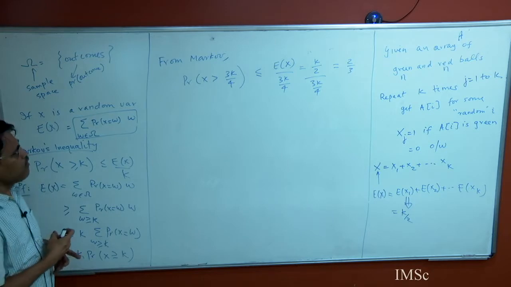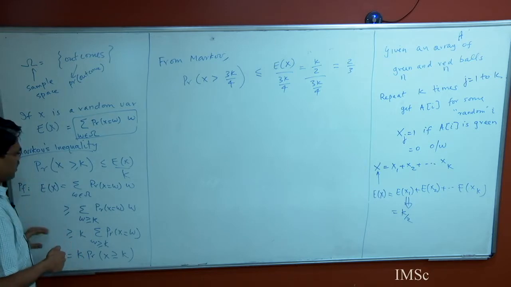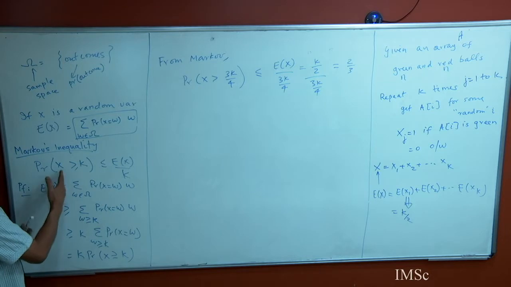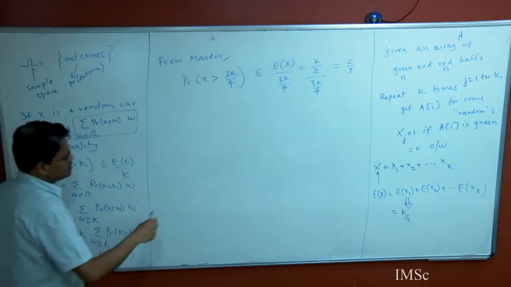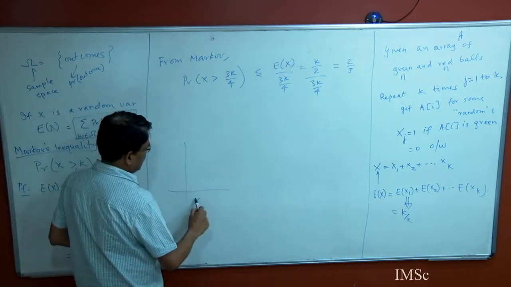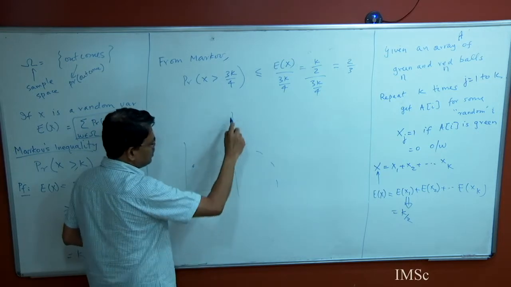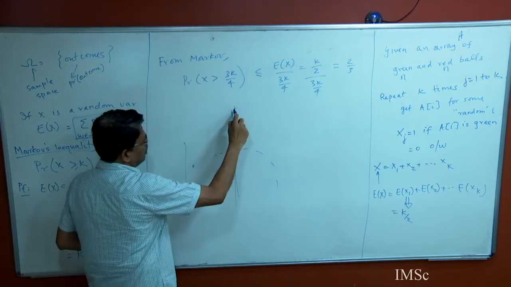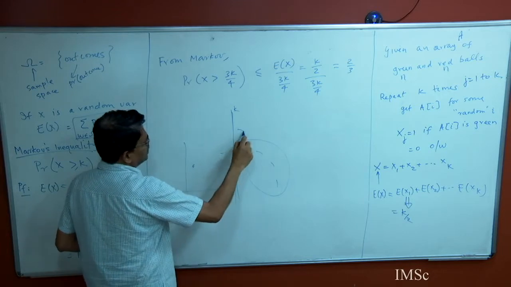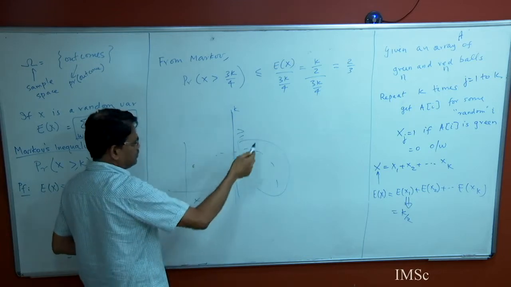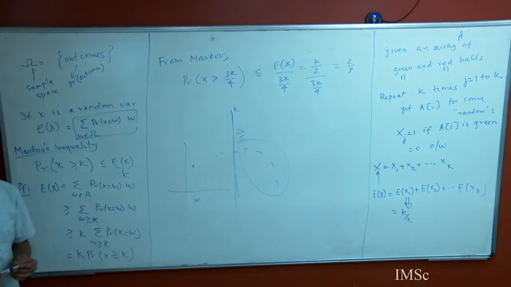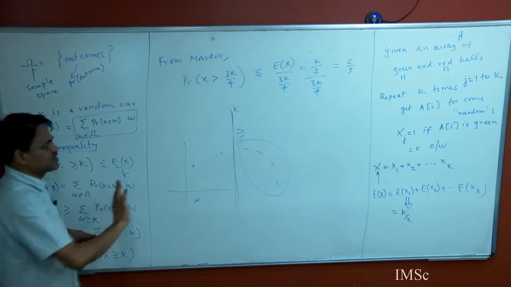So this is one useful tail inequality, because we are talking about the right tail. If you think of your distribution, x takes some values, and this is your k, then it tells you the probability that my variable takes a value greater than k. So it's sort of this tail.